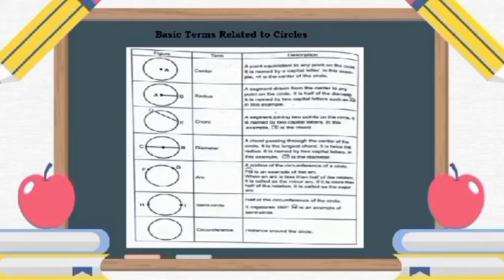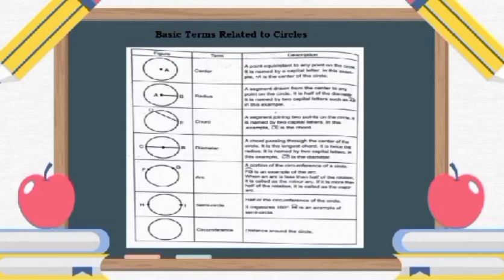The fifth one is the arc: a portion of the circumference of a circle. FG is an example of an arc. When an arc is less than half of the rotation, it is called a minor arc.